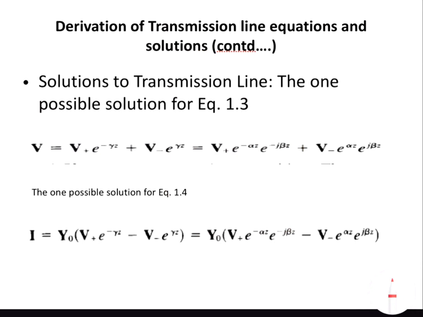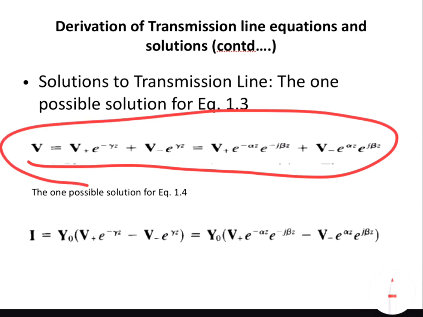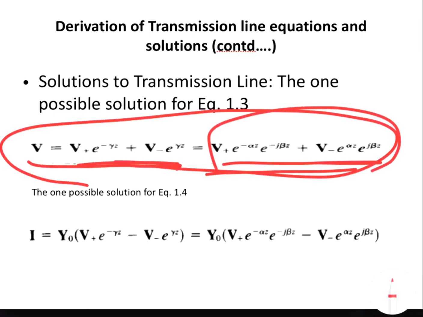Finally we have the solutions for the transmission line in terms of voltage and current, where voltage is expressed as V is equal to V plus e to the power minus gamma z plus V minus e to the power gamma z. So we are trying to express the output in terms of phase velocity. Finally, V is equal to V plus e to the power minus alpha z e to the power minus j beta z, because we know gamma is equal to alpha plus j beta.